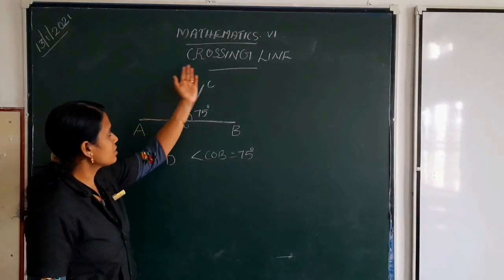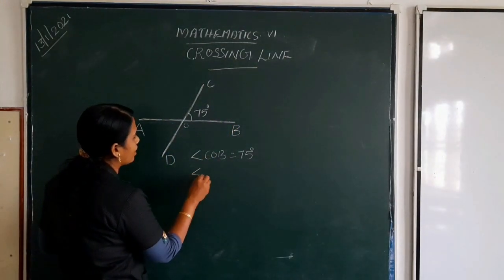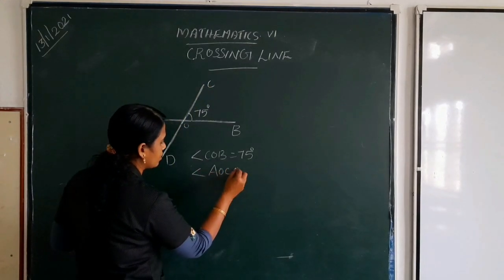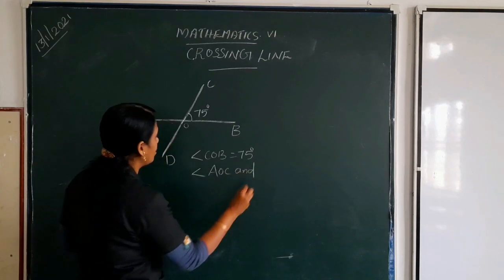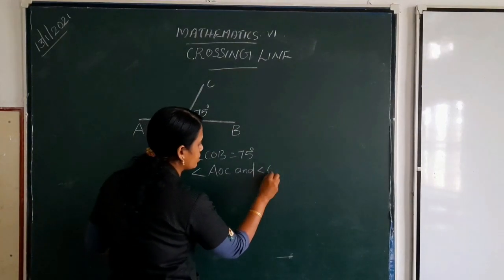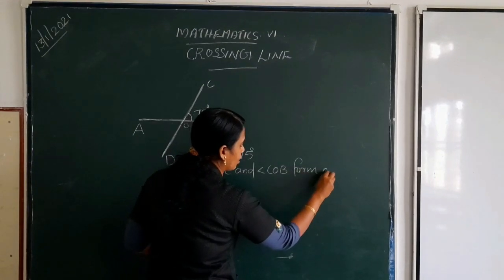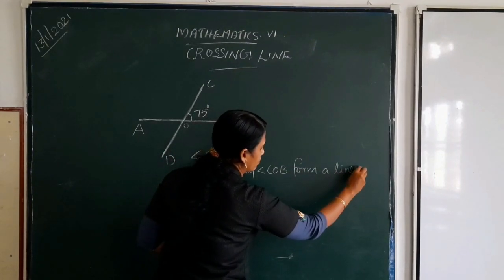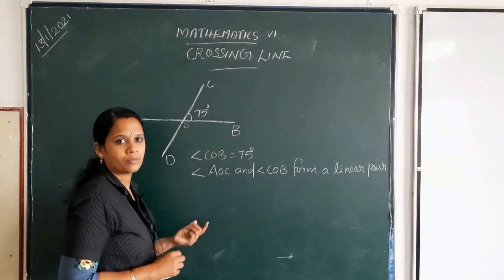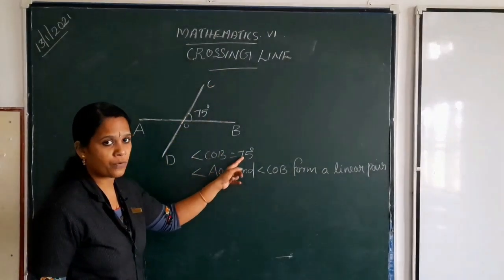We already know this is 180 degree. So here angle AOC and angle COB form a linear pair. Angle COB is equal to 75 degree.